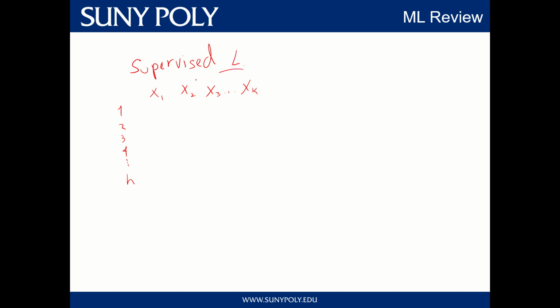You talk about supervised learning when there is one or more outputs. Typically, that's what we call the dependent variable, the variable that you want to predict. So using these other columns, x1 up to xk, we want to find a model to be able to predict our y variable, or our y variables if we have multiple.